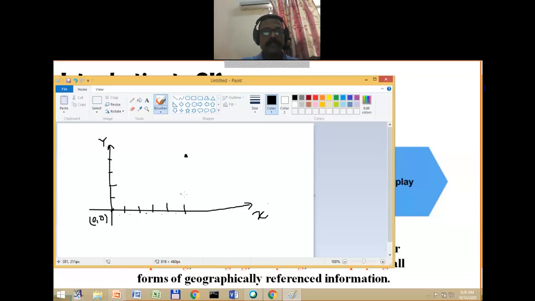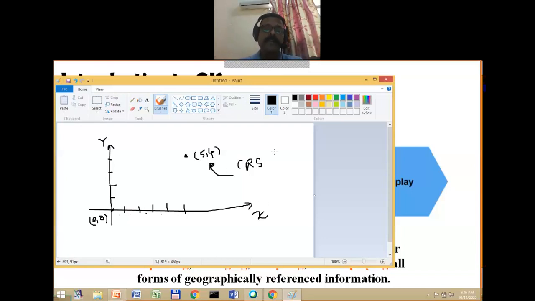So the position of this point according to this coordinate reference system or CRS is how much? 5, 4. It means along the x-axis we will have to go 5 units.